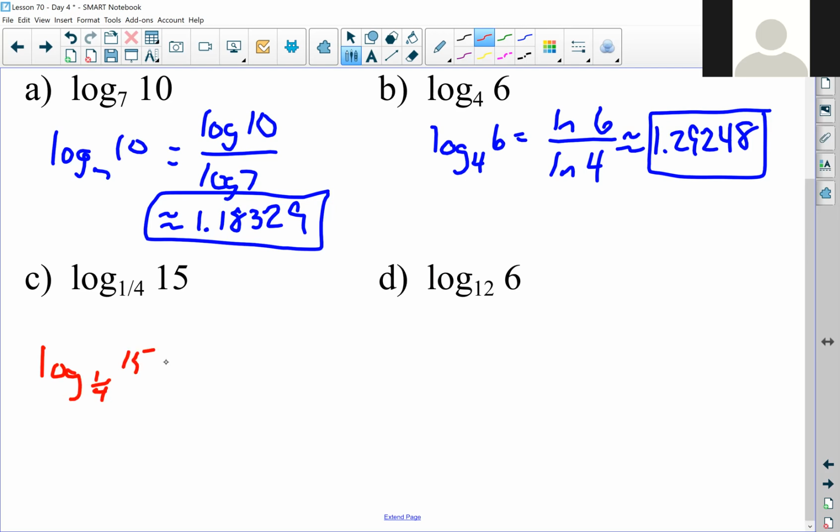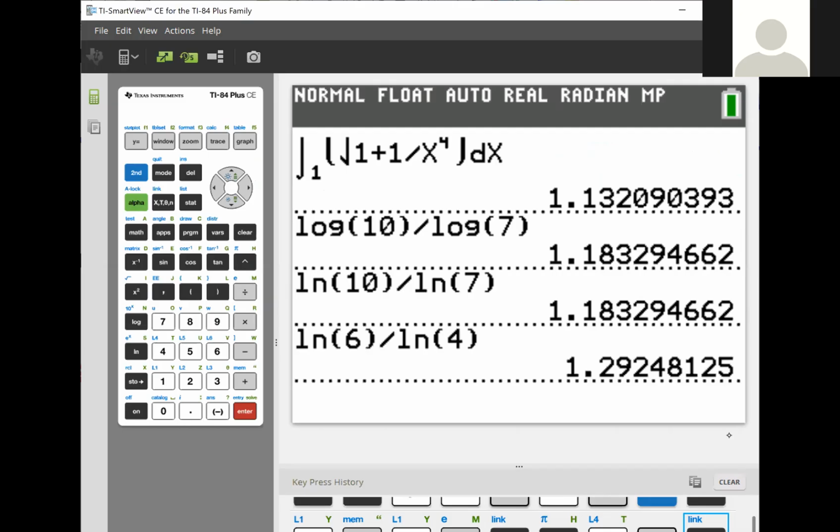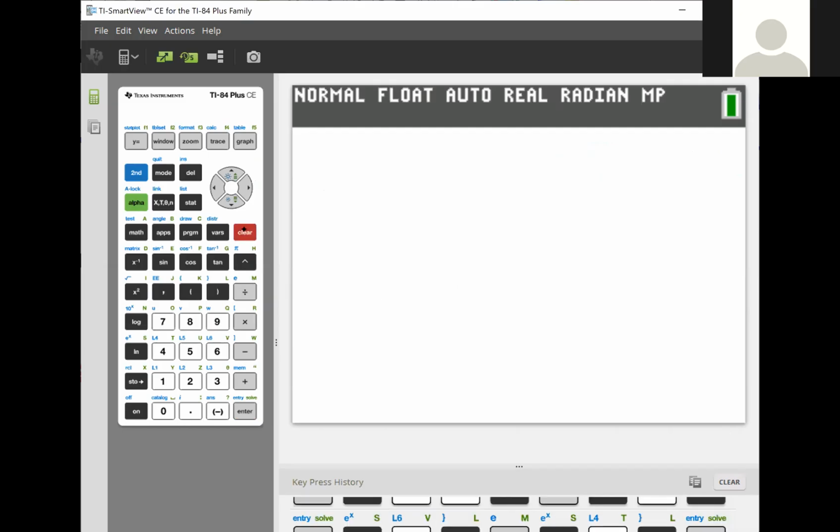Log base 1/4 of 15. Log of 15 divided by log of 1/4.